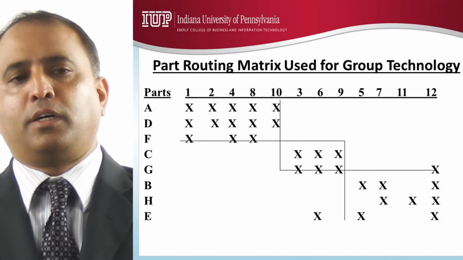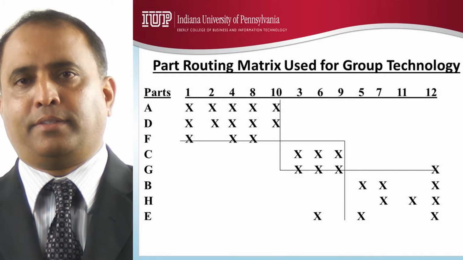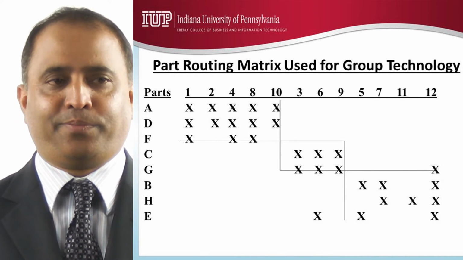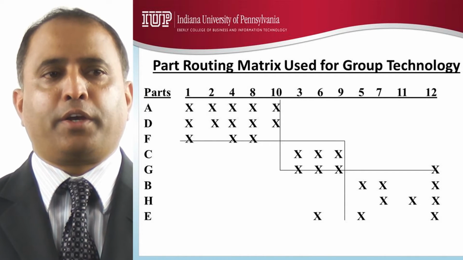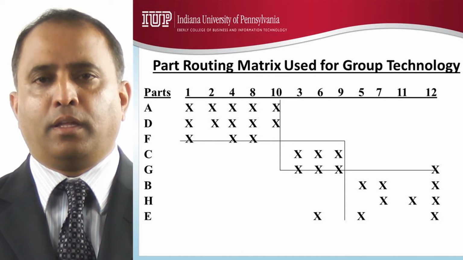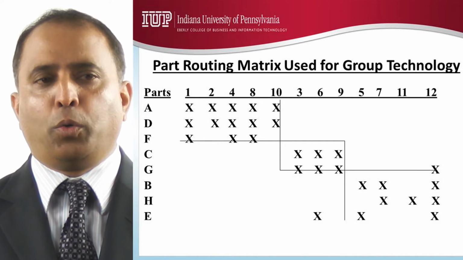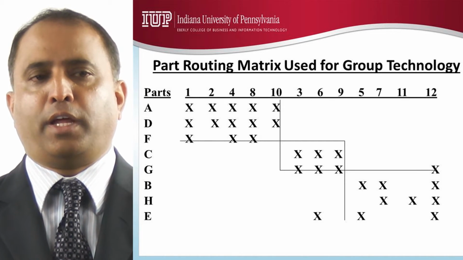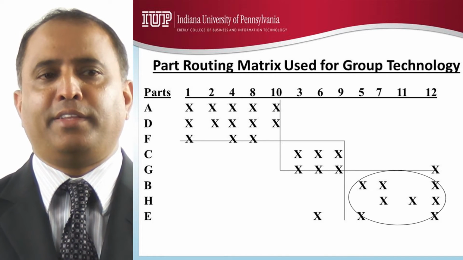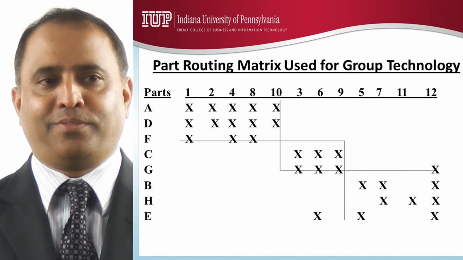And you can look at the third cluster. So you have created 3 clusters or groups here: a group that requires predominantly 1, 2, 4, 8, 10; a cluster that requires machines 3, 6, 9; and a cluster that requires 5, 7, 11, and 12.